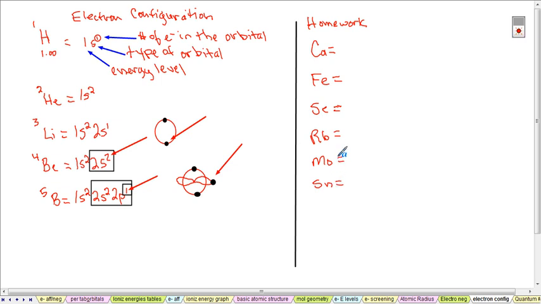One trick that is typically done when we start getting into more difficult electron configurations: in the case of boron, say I wanted to be lazy, instead of writing the 1s2, I could make a set of brackets and put the closest noble gas to boron.